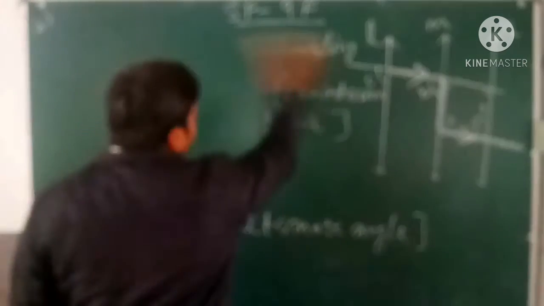So let me explain. I am going to explain you the question B also. Three parallel lines are there in this question number B. You can see three parallel lines are there, and here you can see one transversal, and after that another transversal.